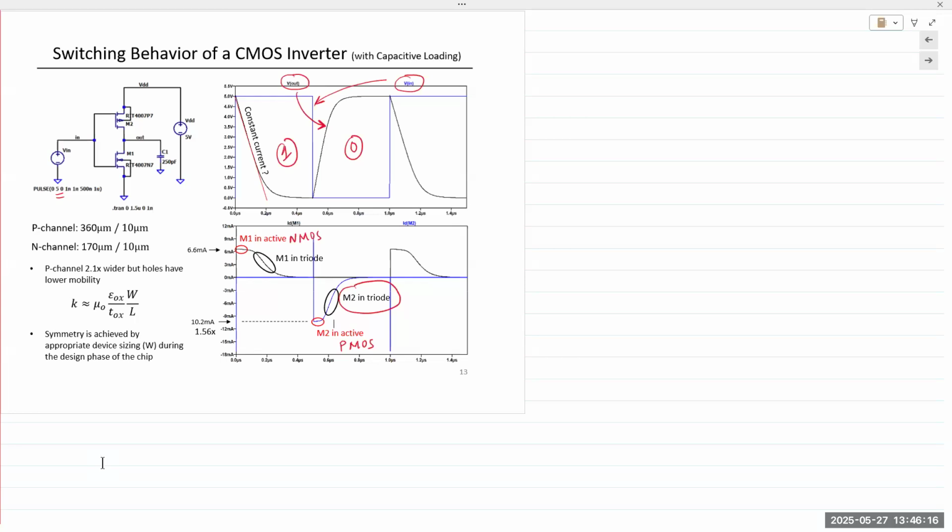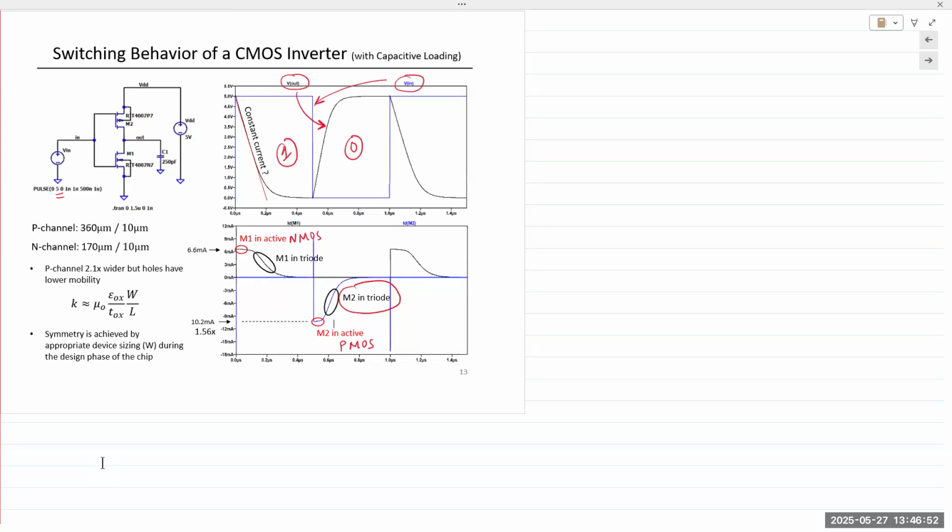So if you create a device with the exact same dimensions, where the carriers are electrons versus holes, the one with electrons is going to have a much faster and much higher performance than the one created with the holes. The same holds true for PMOS and NMOS. So the performance for NMOS transistors is about 2 to 3 times more, relatively speaking, compared to a PMOS transistor using the same design specs.